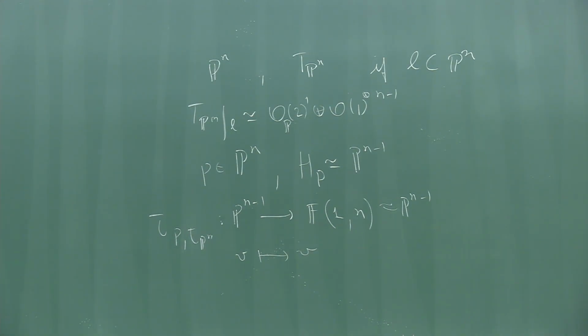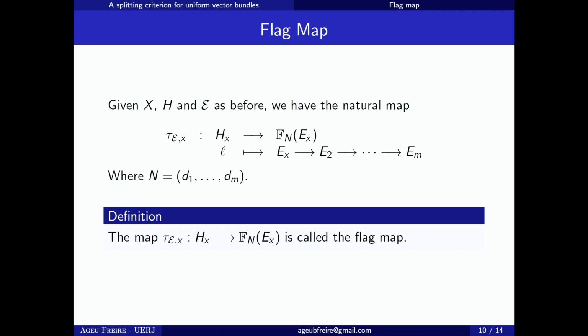And as I told you, this map brings us some condition of splitness of a locally free sheaf.